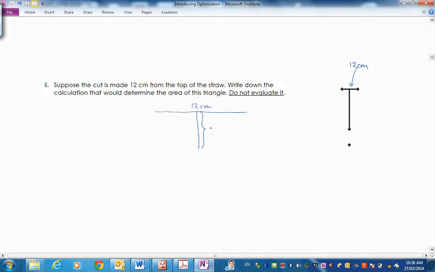This was from before, 21 take 12. And so the area, put down good formulas to show what you're doing: base is 12 by 21 take 12. Do you agree? Okay, we're building here. And they said don't evaluate this and don't evaluate the whole thing. Let's just look at the pattern that's coming out, because there's some terrific maths coming up in optimisation.